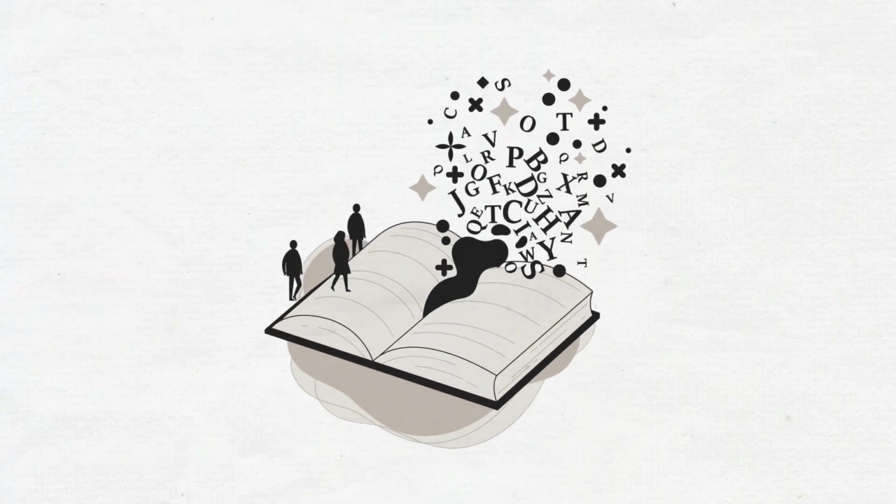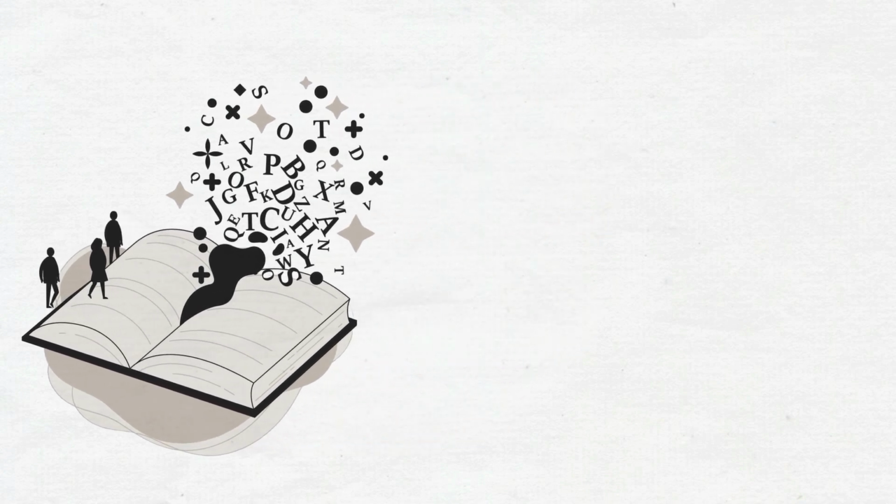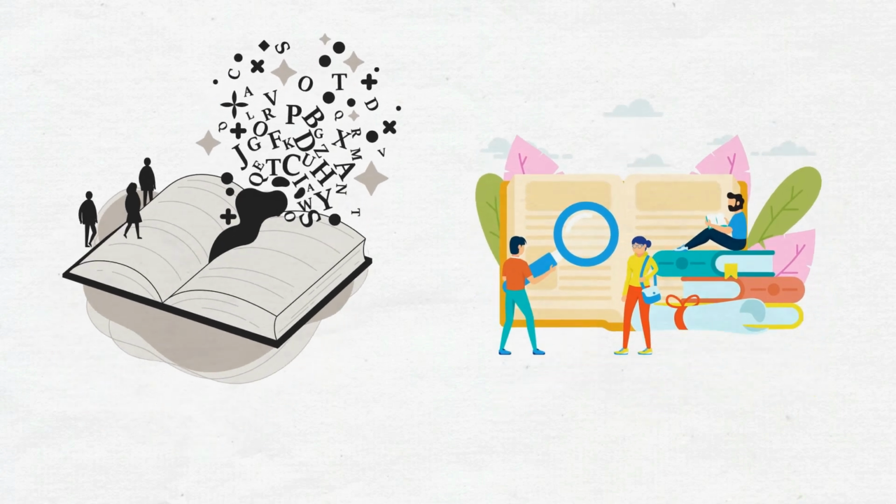Teaching vocabulary in context allows students to see how words function within sentences and enriches their comprehension of the passage as a whole. Moreover, understanding unfamiliar words through contextual analysis or direct instruction ensures that vocabulary becomes a tool for comprehension rather than a barrier to it.